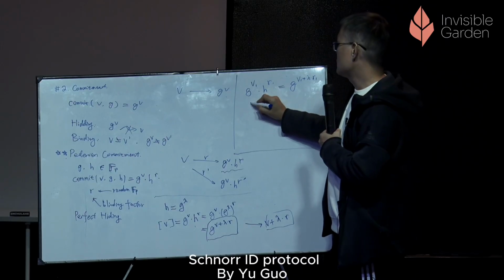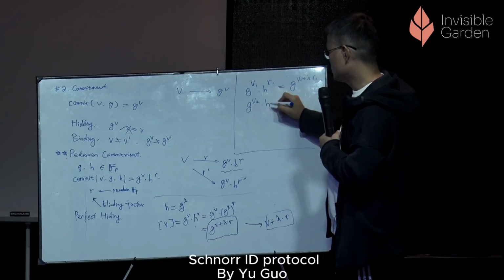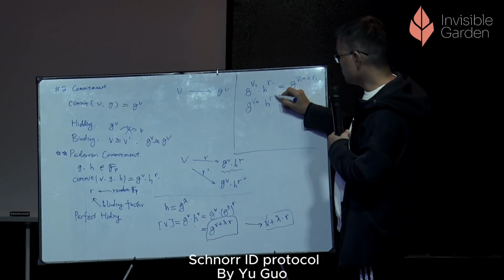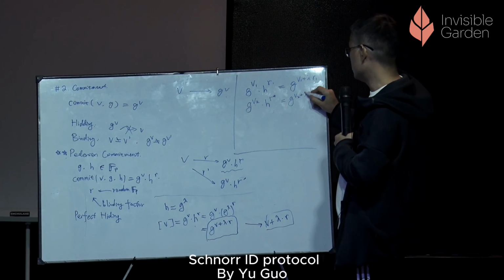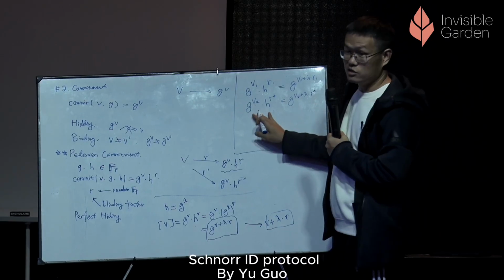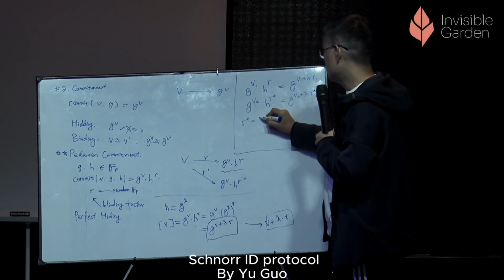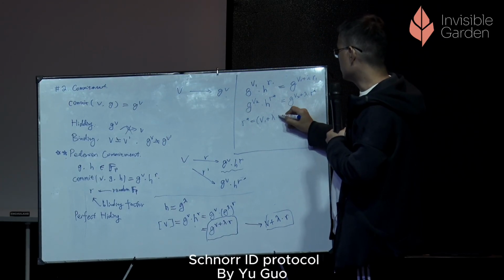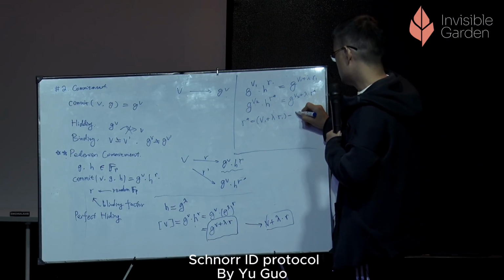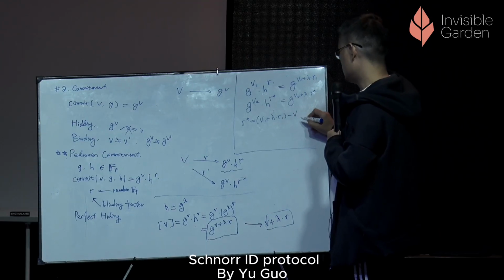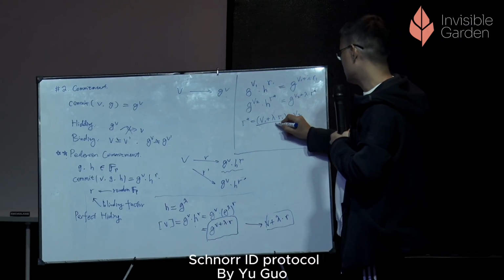And the second time, the committer commits another V2, but using an R star to generate G to the power V2 plus lambda times R star. But here R star is actually not a random number. R star equals V1 plus lambda times R1 minus V2, divided by lambda.